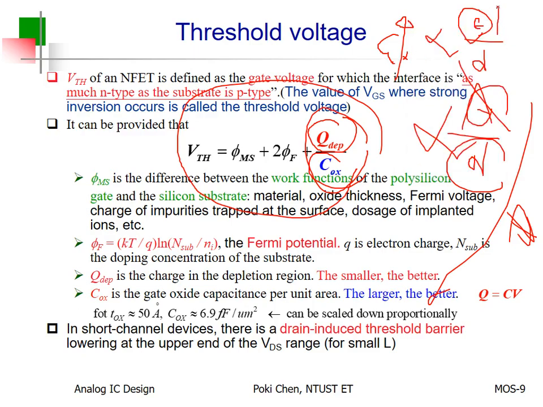One way is to increase epsilon, the dielectric constant, 介电系数. Or to reduce the gate oxide thickness. If you have already learned my analog IC layout course, hopefully you can enjoy. Layout and design are actually related very much to each other.